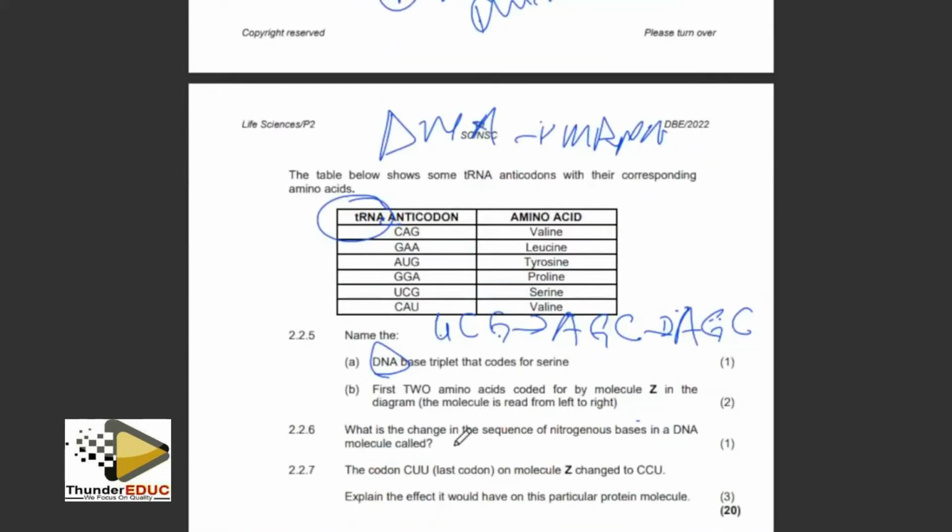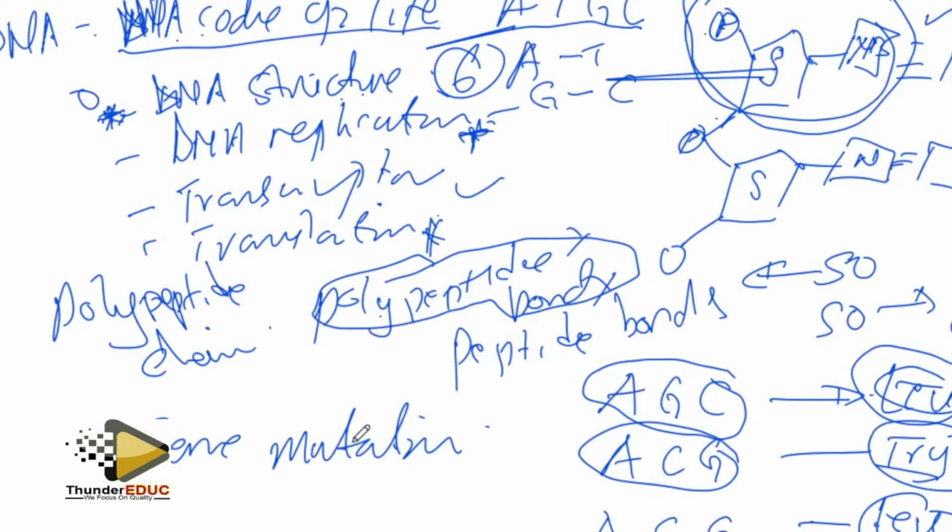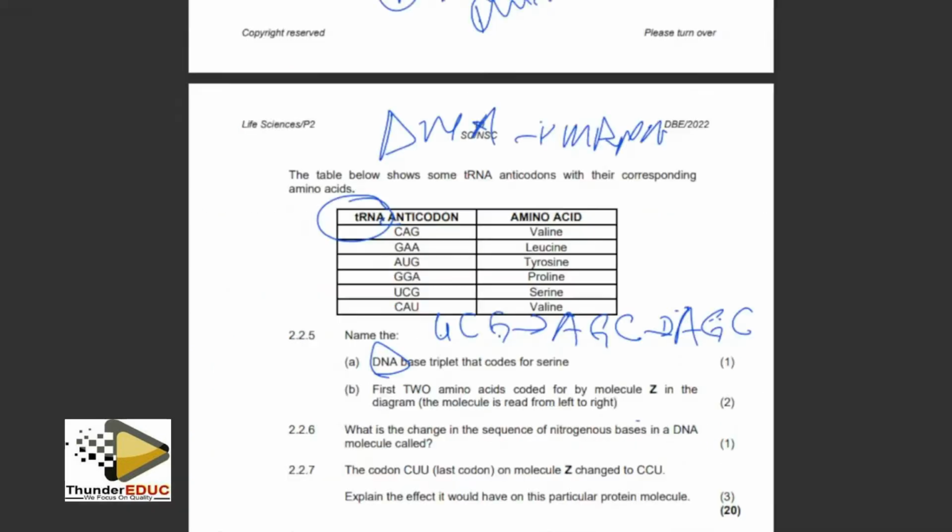What is the change in sequence of nitrogenous bases? I've talked about it here. It's gene mutation, a sudden change in the sequence of DNA. When they change the sequence, automatically you're going to have a different protein structure if it codes for a different amino acid.